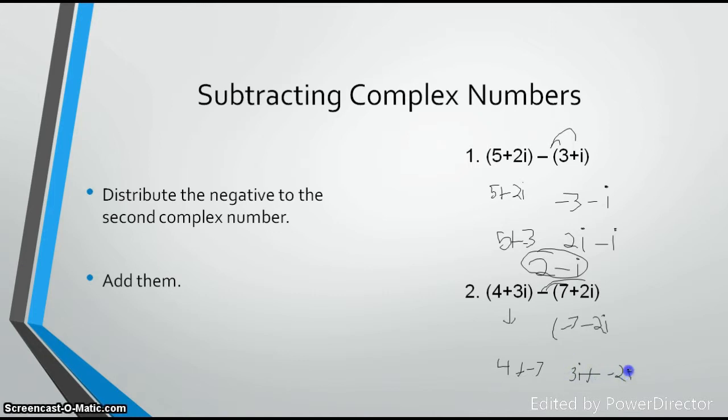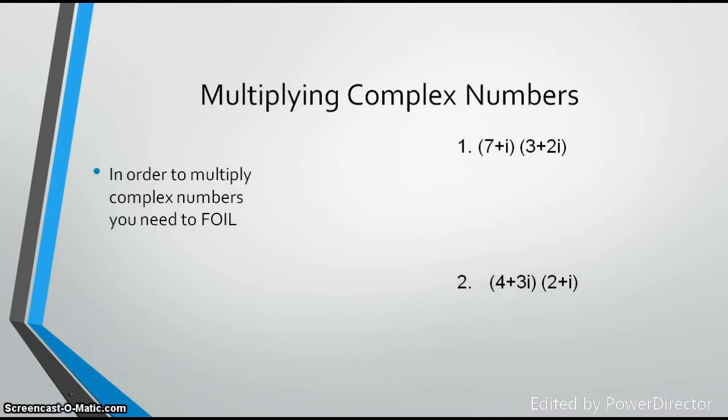Then 4 plus -7 and 3i plus -2i, giving us -3 plus i.